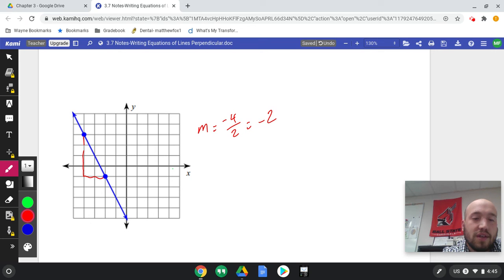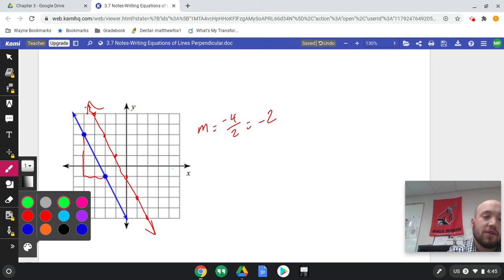So once again, choose any point. If I choose right here, go down 2, right 1, or up 2, left 1. And that line is parallel. Once again, I'm not perfect at drawing lines, so it's not perfect, but it's pretty close.